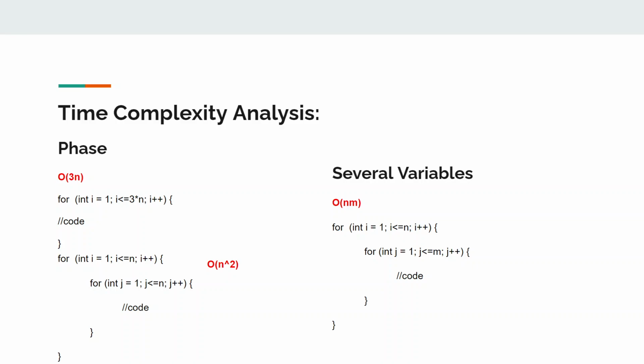We have a first for loop that goes up to 3n, then another nested for loop. Here you have to split the complexity into multiple phases. First is O of 3n, and second is O of n square. We also have another example that we already discussed, with multiple variables, n into m.